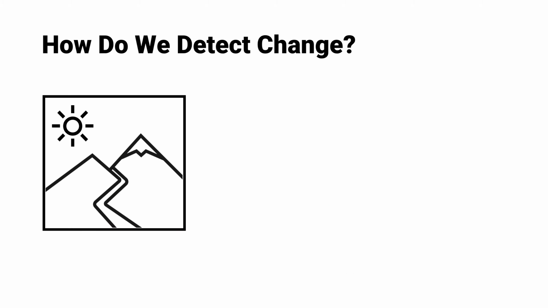So now we want to detect change. This is a quick recap. Let's pick the same point from before. We want to look at the change in both X and Y direction, which is horizontal and vertical, right? This is going to be given to us by the gradient in the X and Y direction respectively.